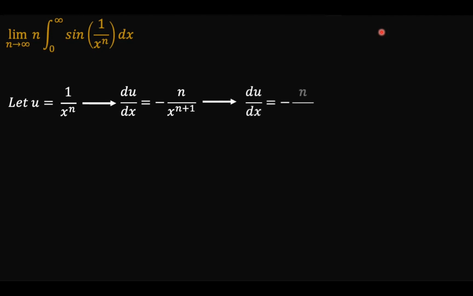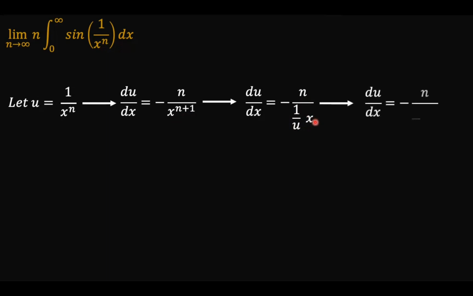Now du/dx is negative n over, since we have a product of x to the power n and x. The x to the power n is the same as 1 over u, and the x here is the same as the nth root of 1 over u.